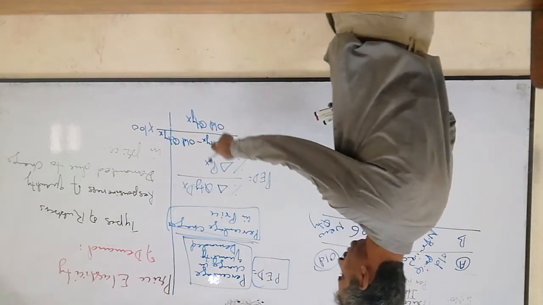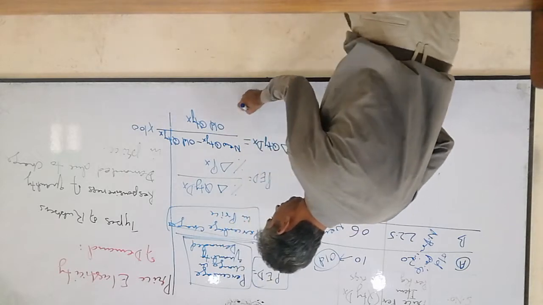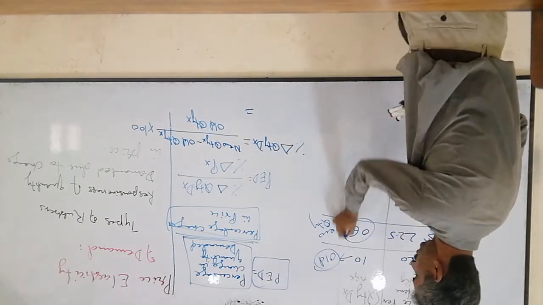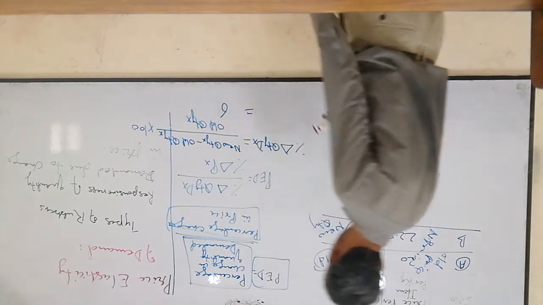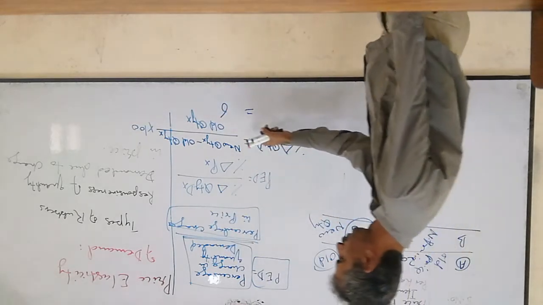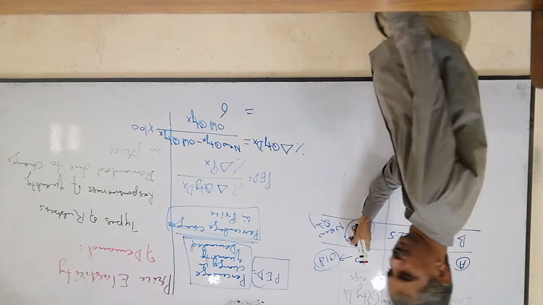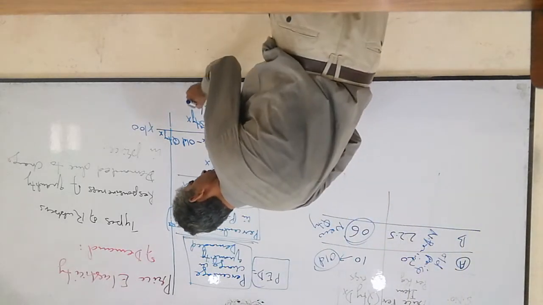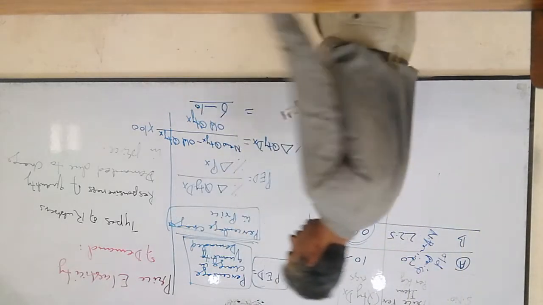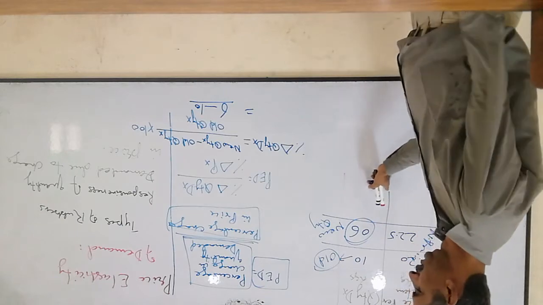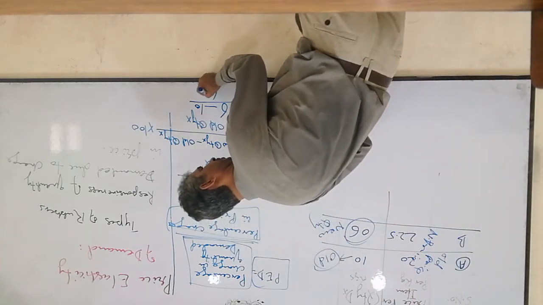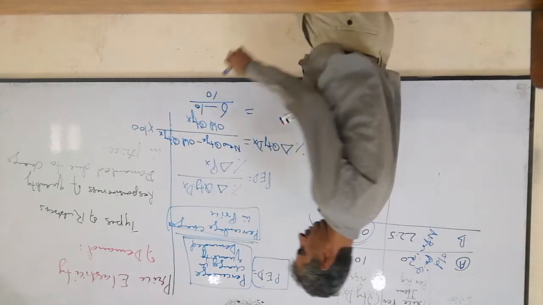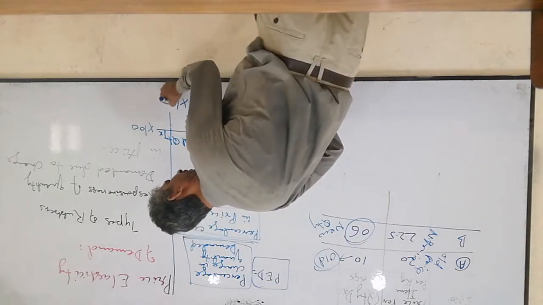The new quantity is 6, and the old quantity is 10.